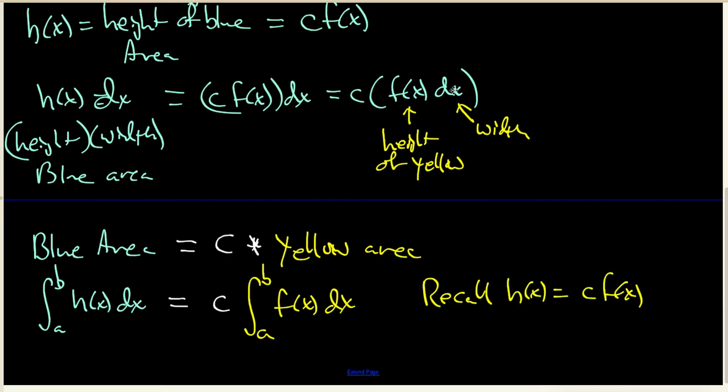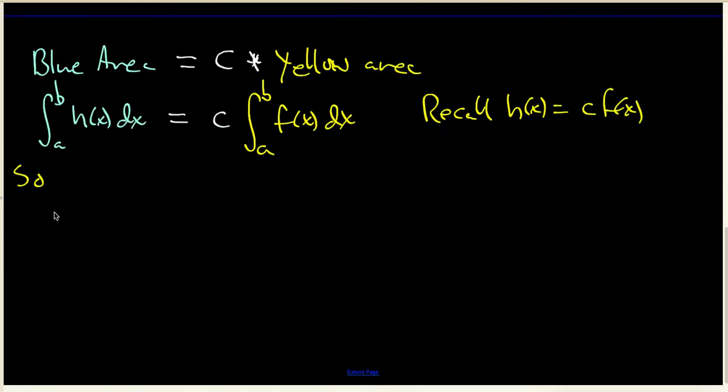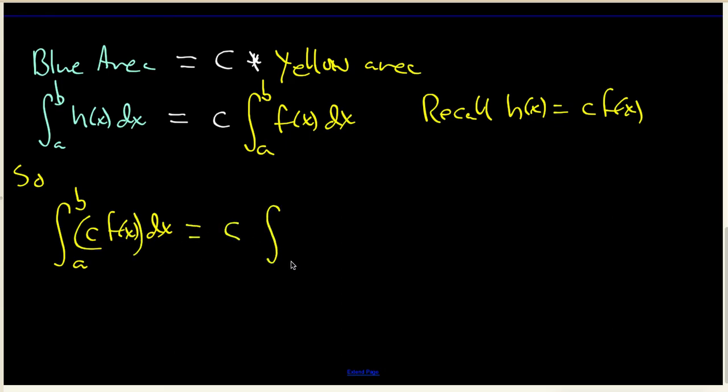That's what made all of this stuff up here work. And because of this, we can say that we have the following rule. The integral from a to b, well, h of x is just c times f of x, so the integral from a to b of c times f of x, where the c is inside the integral, is equal to c times the integral from a to b of f of x dx.